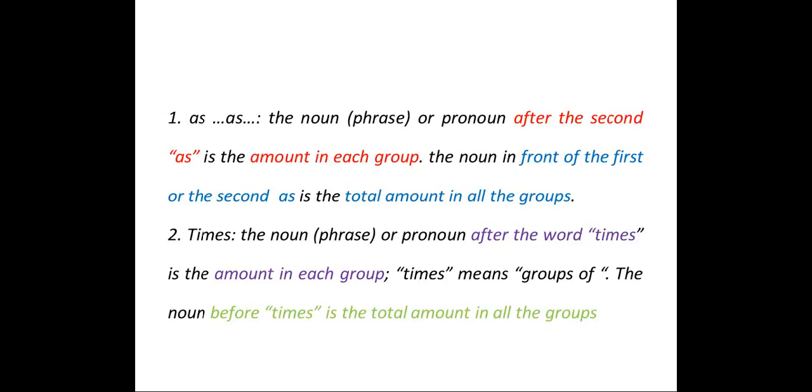So in that sentence, the word times means groups of. And the noun or pronoun after, remember students, after the word times is the amount in each group. And the noun before or to the left of the word times is the total amount in all the groups. Let's see how these methods are applied in specific word problems.